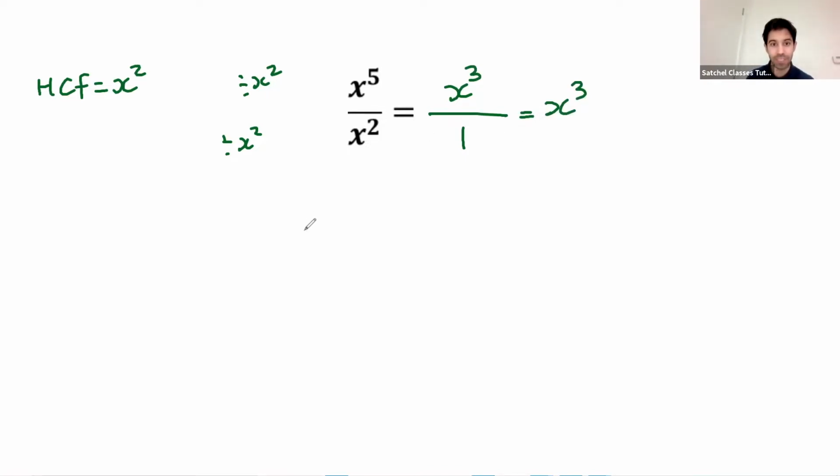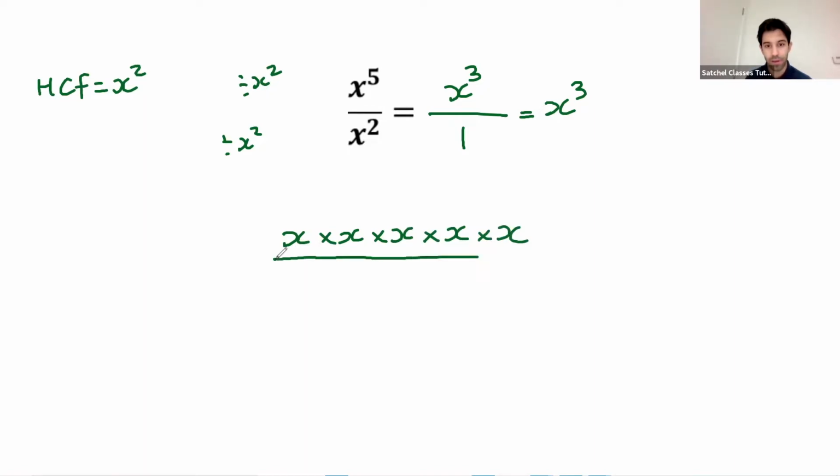Alternatively, we could have rewritten this as x times x times x times x times another x, 1, 2, 3, 4, 5, divided by x times x, and then cancelled down. So x and x will cancel out, leaving us with a 1 on the numerator and the denominator. X and x cancel out again.